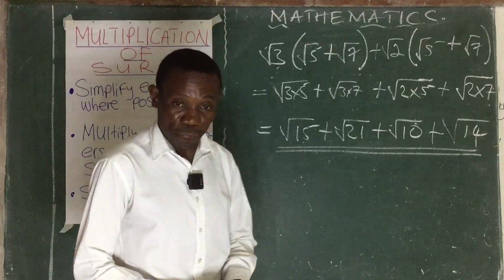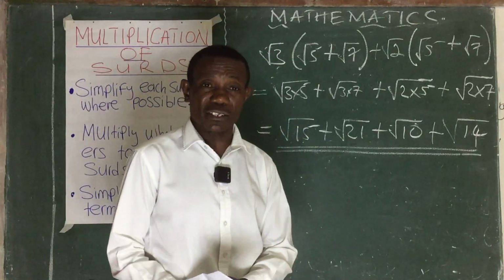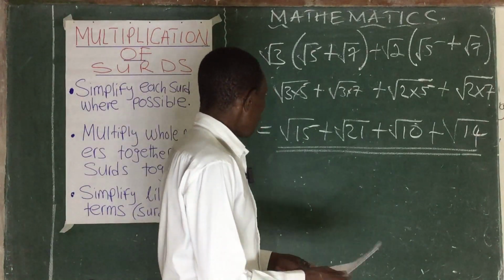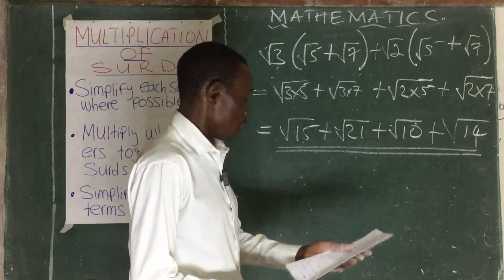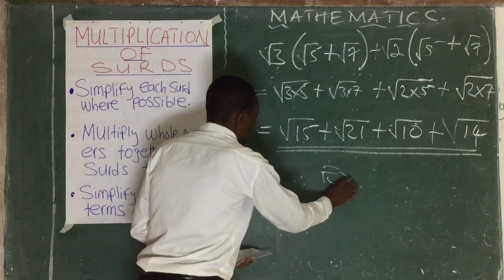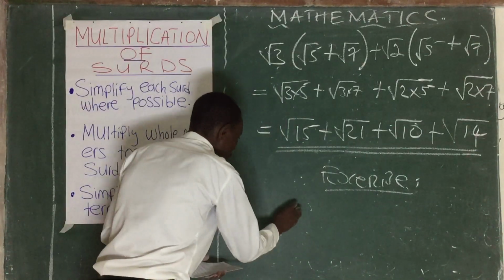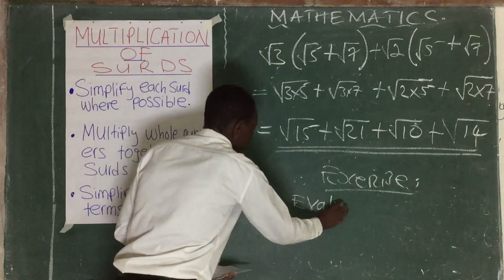Right. Before I leave, you need to have at least a trial exercise to check if what we've discussed here is really making sense and you have really followed it up. So can you have this trial exercise? Right? Evaluate.